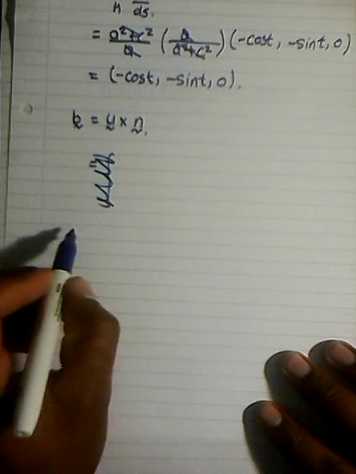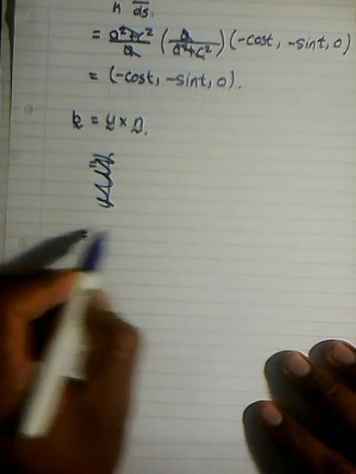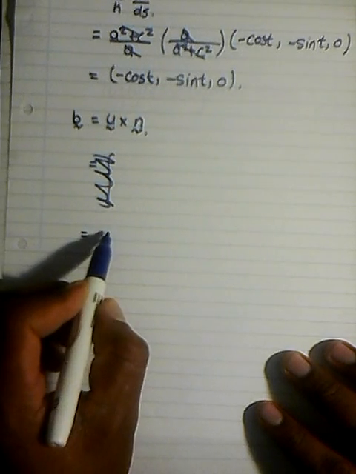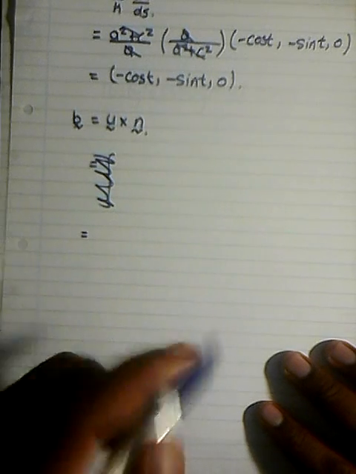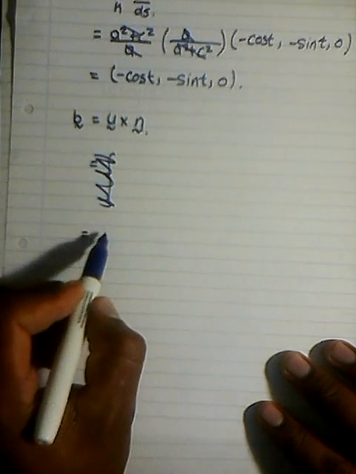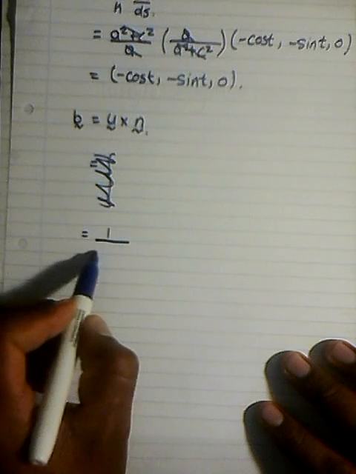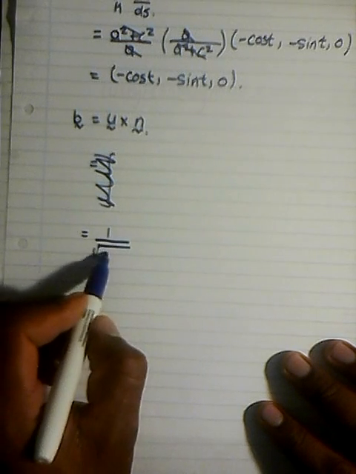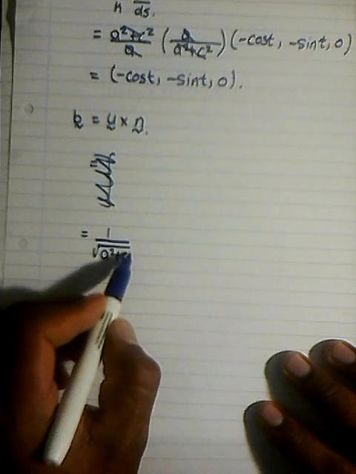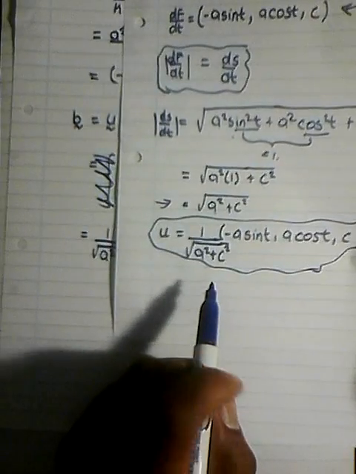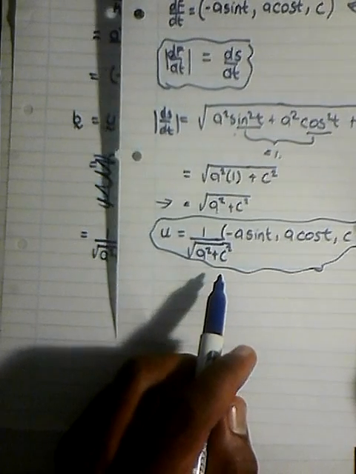Okay, like I said, b is equal to u cross n. Let me factor out 1 over the square root of a squared plus c squared. That is a factor in vector u.